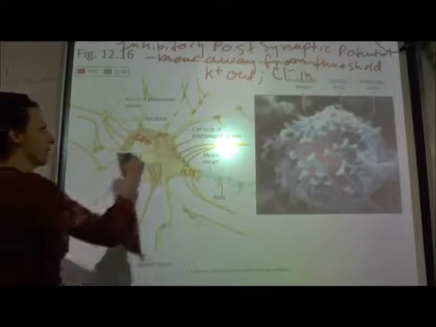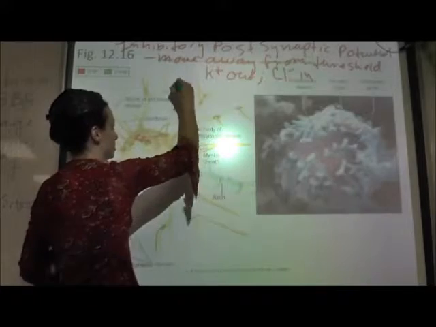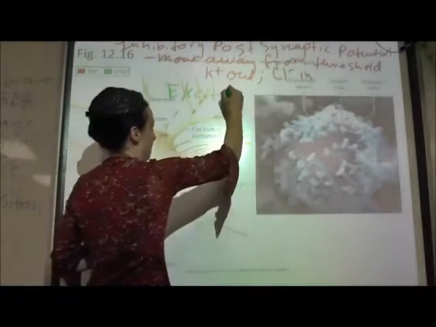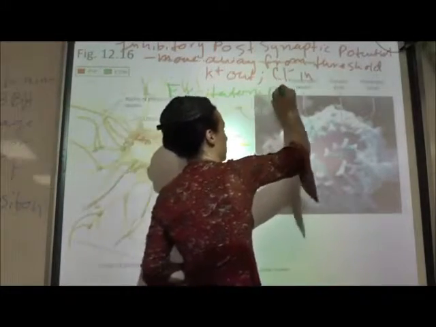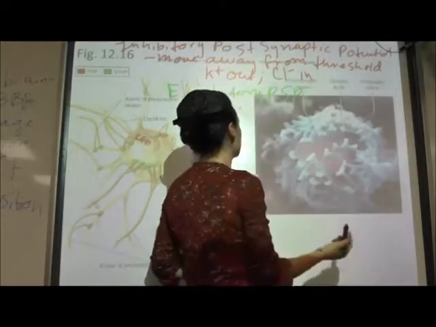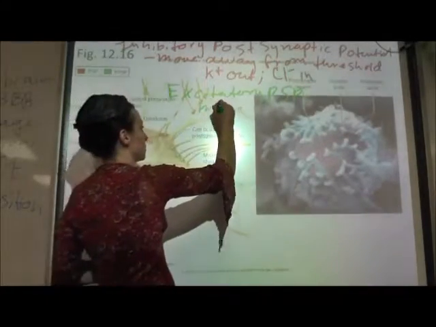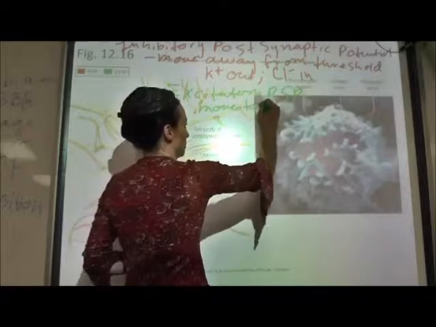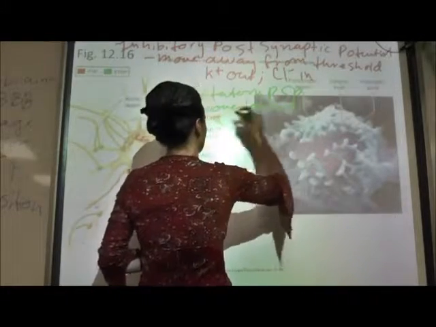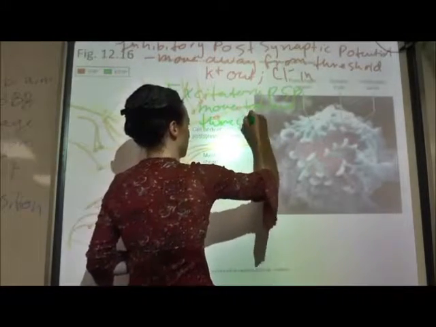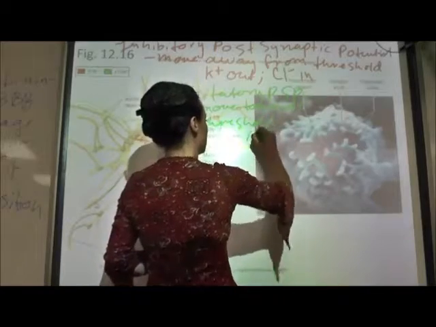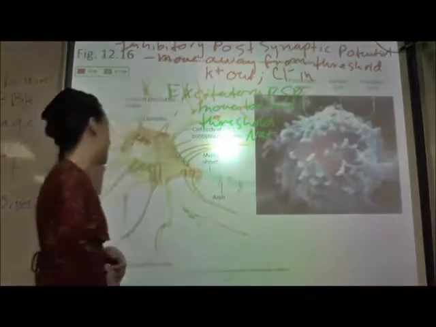The other type of postsynaptic potential we can have is an excitatory postsynaptic potential. And excitatory postsynaptic potentials are going to move you towards threshold. And this will be due to sodium ion coming in through those cation channels.